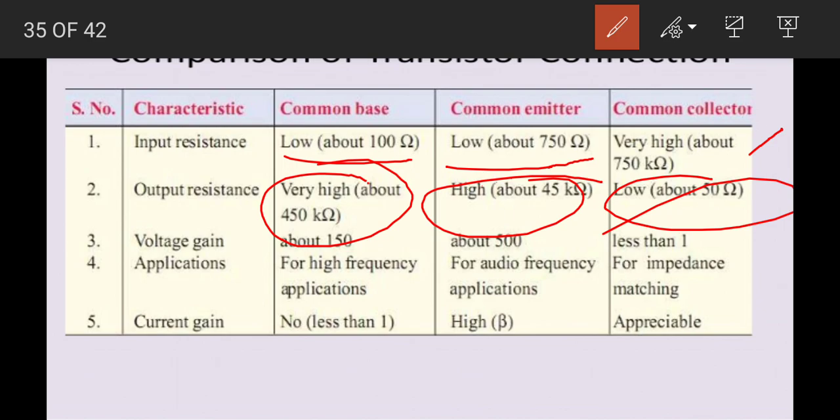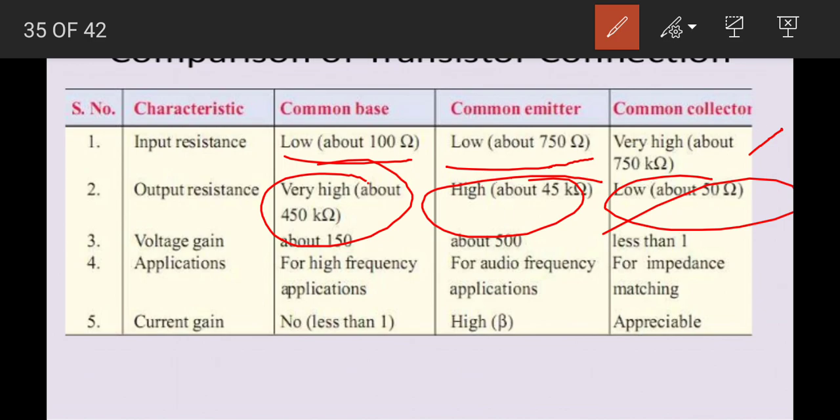Voltage gain is about 150 in common base, about 500 in common emitter, and less than 1 in common collector. The application of common base is for high frequency, common emitter is for audio frequency amplification, and common collector is for impedance matching. The current gain is less than 1 here, high here, and appreciable.